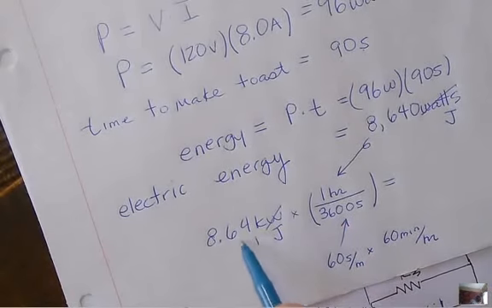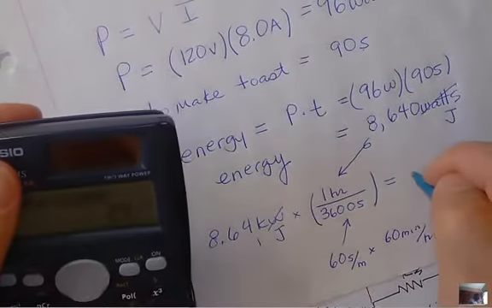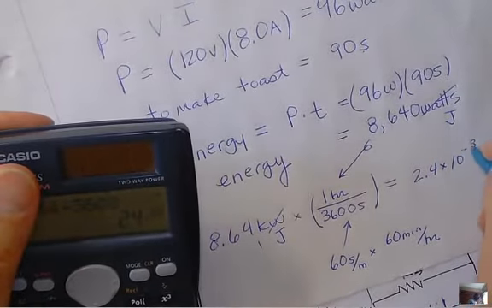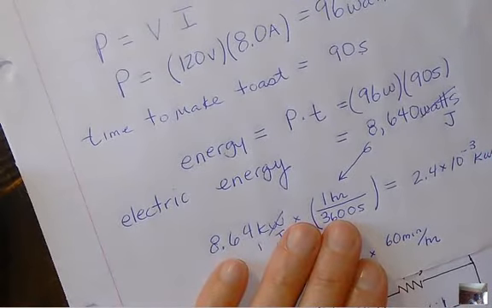Okay, so last thing, if I take this and I divide it by 3,600, I'm going to get 8.64 divided by 3,600, which is about 2.4 times 10 to the minus 3 kilowatt hours.